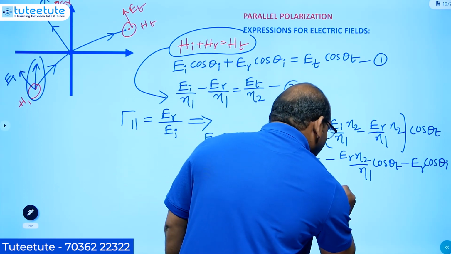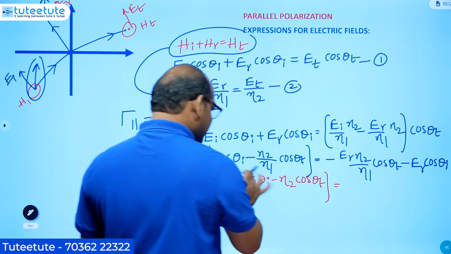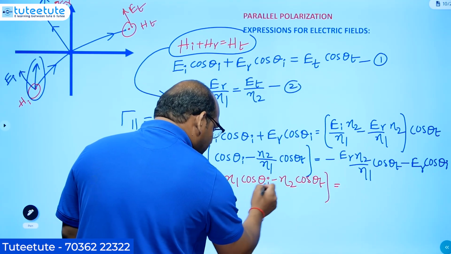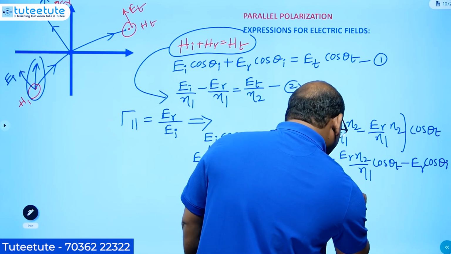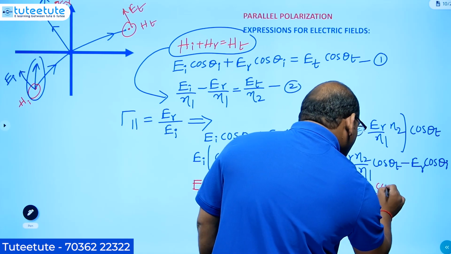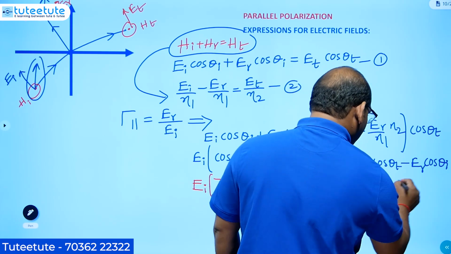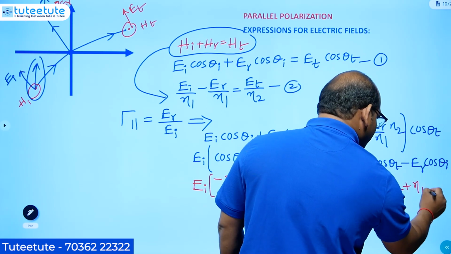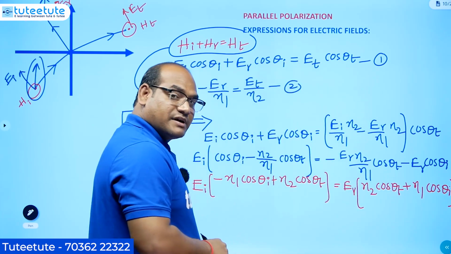Here two terms are having the minus, so that minus we can send this side, so this first term will become minus and this will be plus. Now by taking ER common, we get eta 2 cos theta t, and because minus is already taken, here plus eta 1 cos theta I. Okay, this is what we can get.